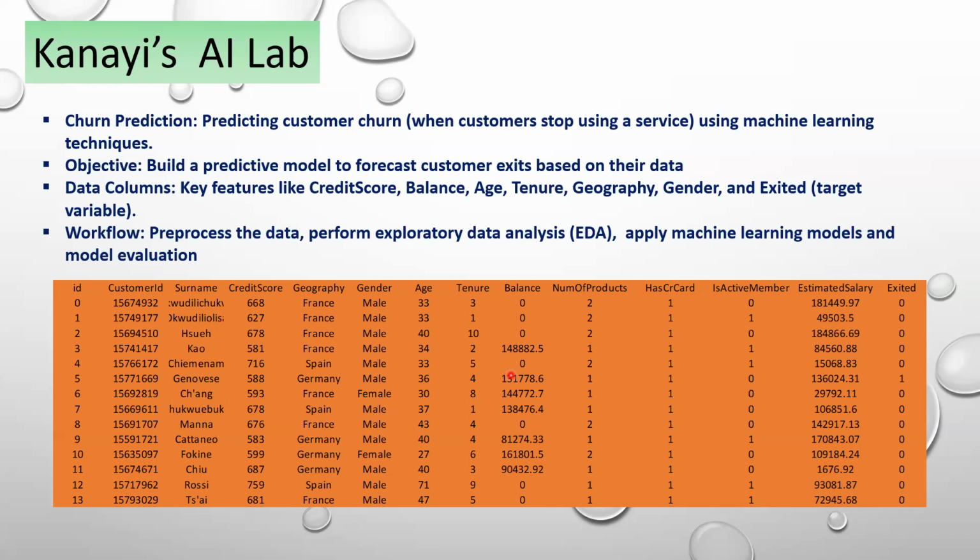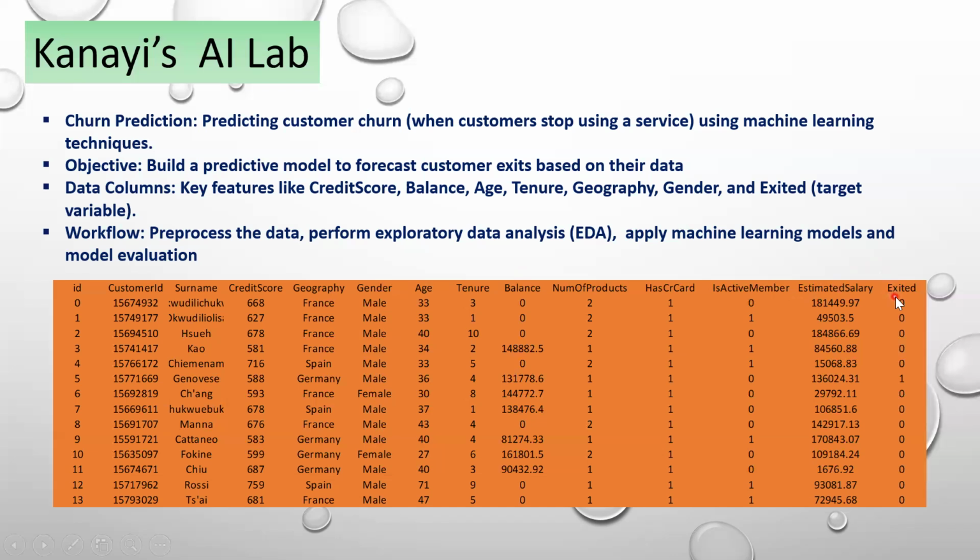The dataset includes customer ID, balance, age and tenure, which are the features to determine customer behavior and likelihood to leave. Columns like geography and gender are the categorical features that may influence customers' decisions.